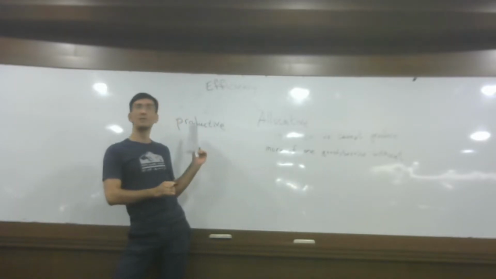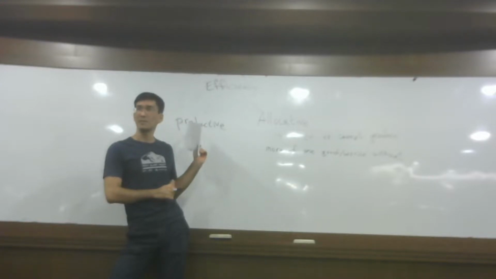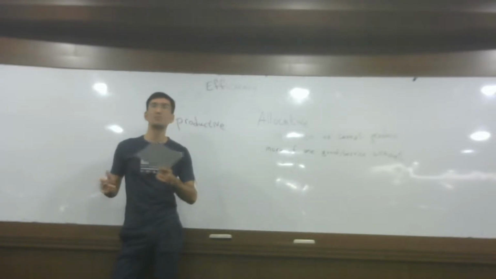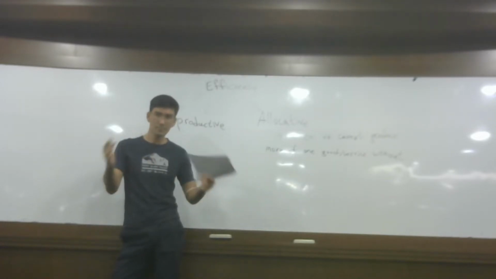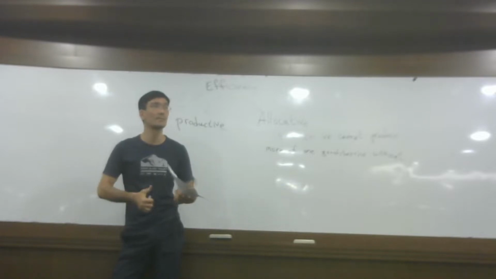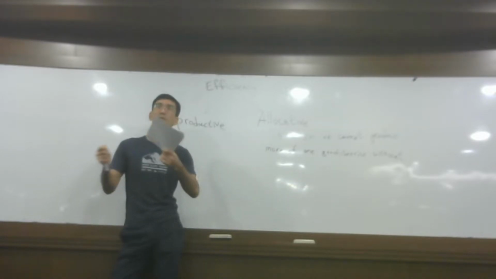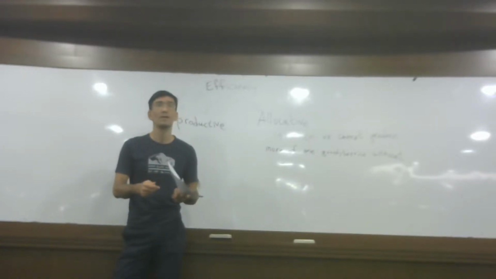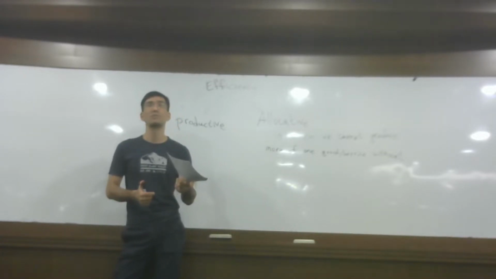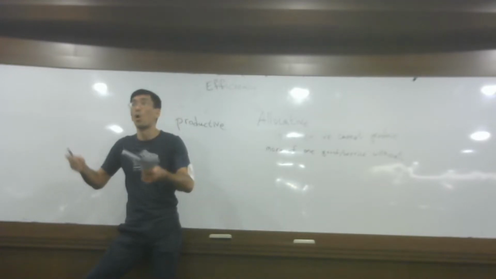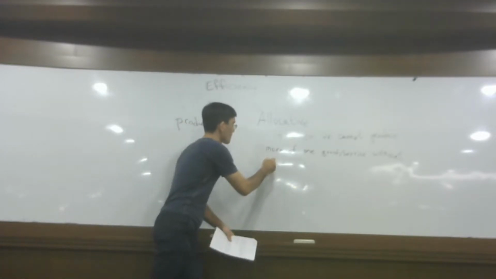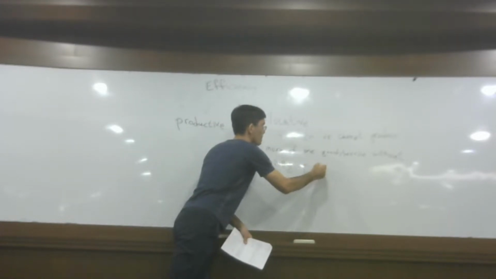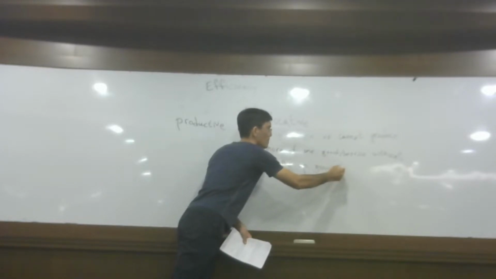So it's so far similar to productive efficiency, right? Productive efficiency, remember, is a situation where we can't produce more of one good without giving up the production of the other, right? Here, allocative efficiency is a situation where we can't produce more of one good without giving up the production of the good which we value even more. Okay? Good or service.